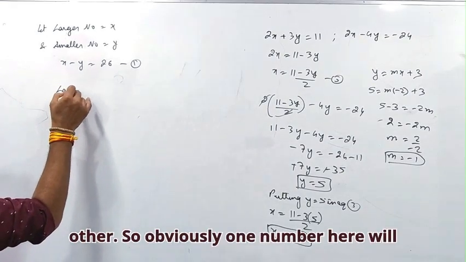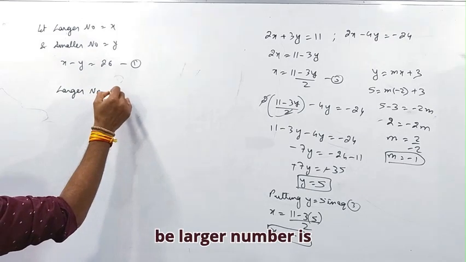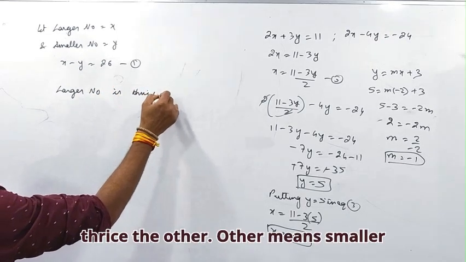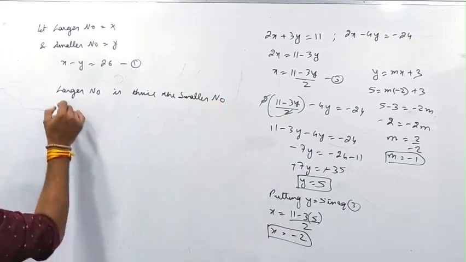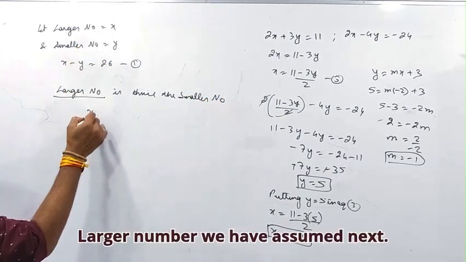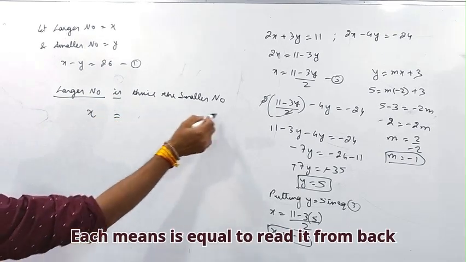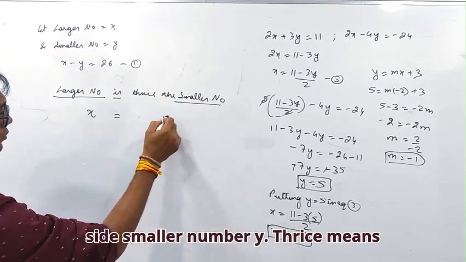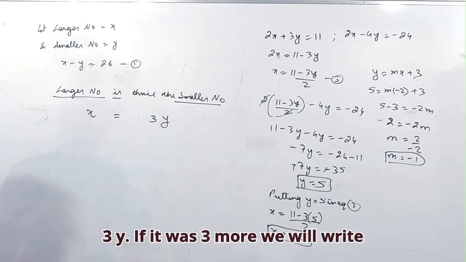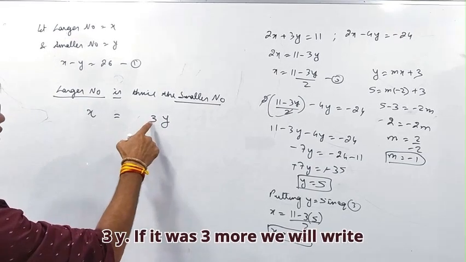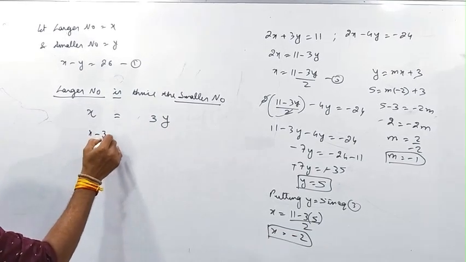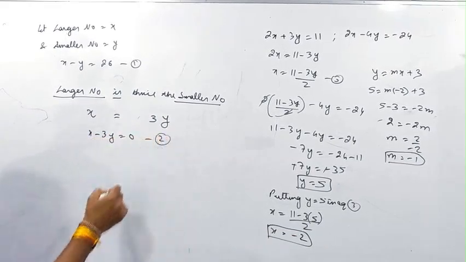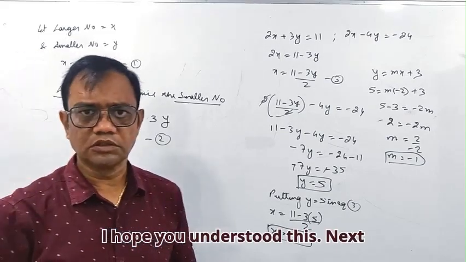So obviously the larger number is thrice the other. Other means the smaller number. The larger number we have assumed x. Is means is equal to, read it from the back side, smaller number y. Thrice means 3y. If it was 3 more, we'd write plus 3. Thrice means 3y. I hope you understood this.